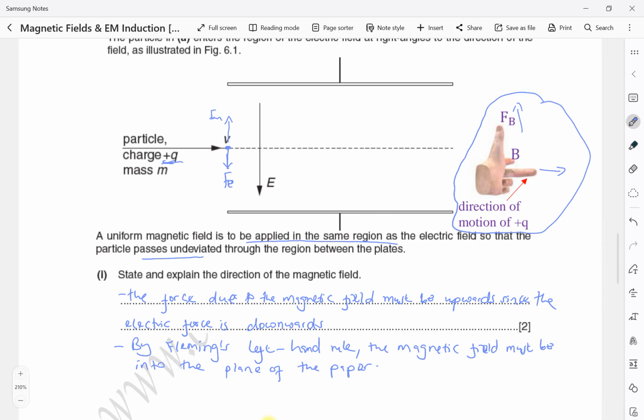So I will draw a smooth curve here. I no longer need this because I already know that the magnetic force is upwards. Of course, when we come out of the field, you put a ruler and draw a tangent to the curve, because outside should be a straight line. Okay, so the curve is going to be upwards.